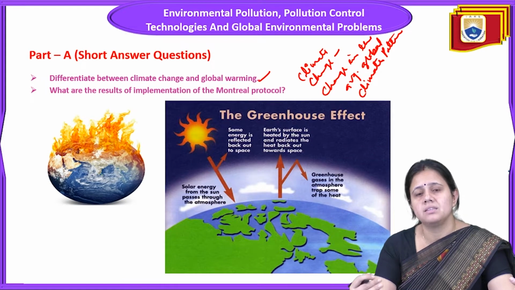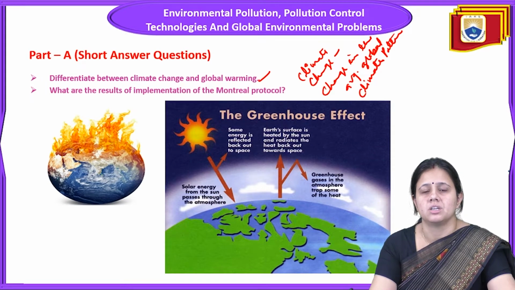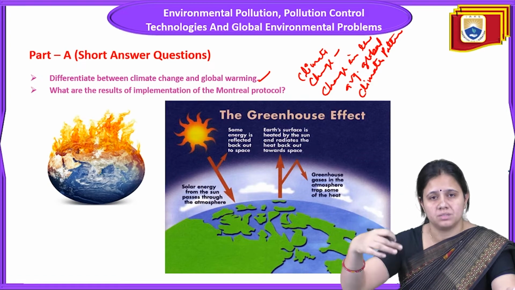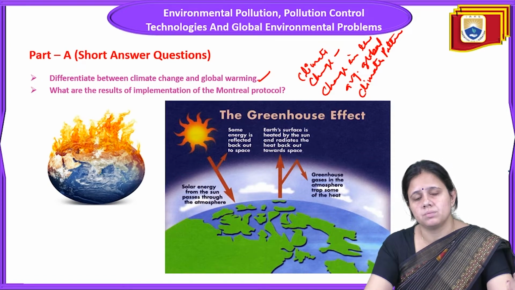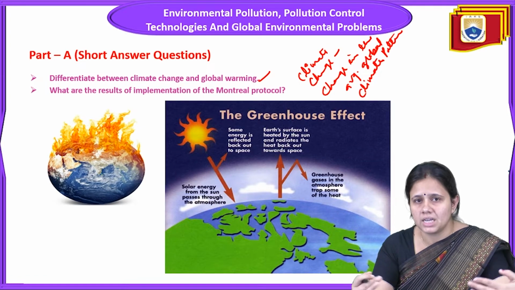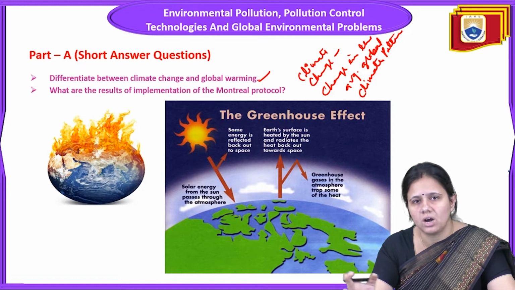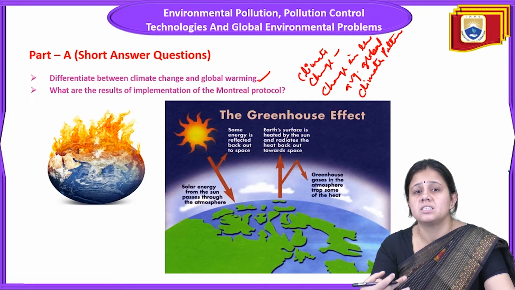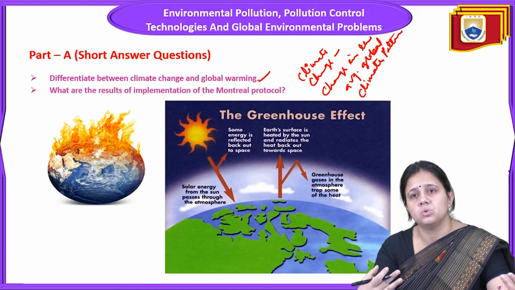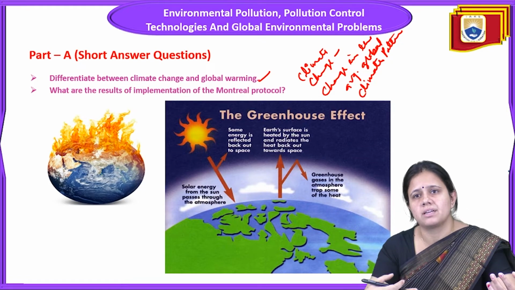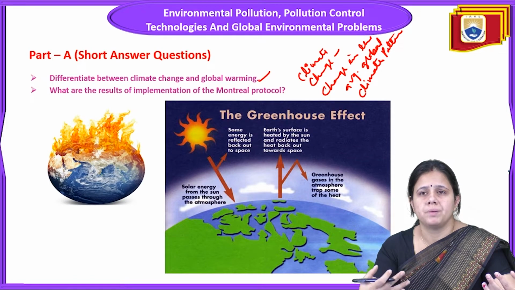Like that happens in the Earth's condition. Sunlight is coming inside the Earth's surface, and it won't go back. Due to these greenhouse gases, the Earth's temperature is rising more and more, and due to this greenhouse effect, global warming is going to happen.